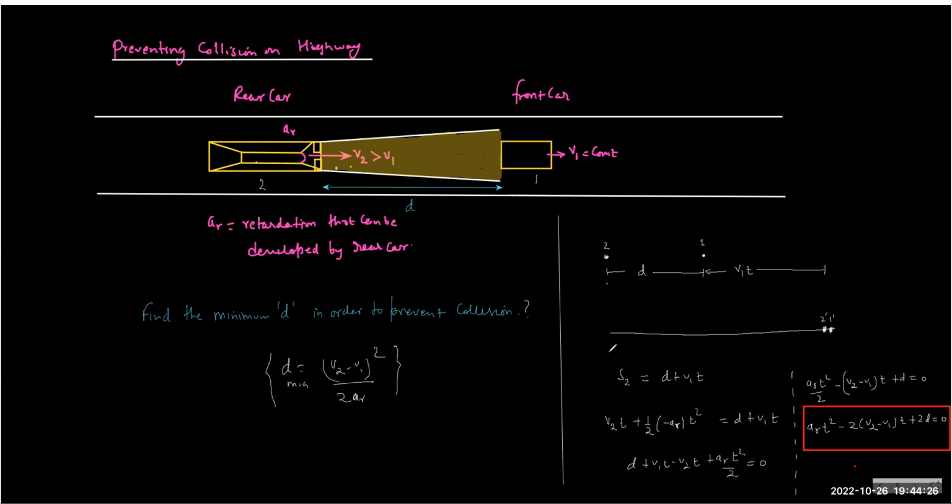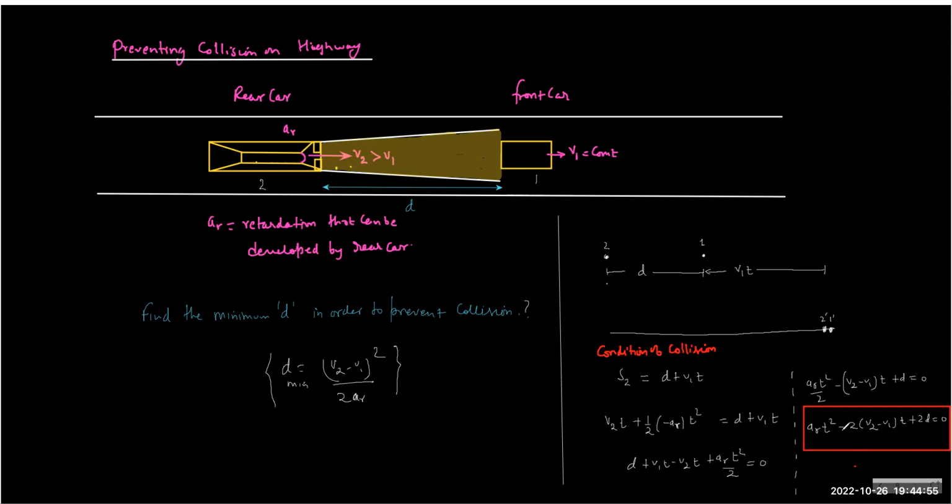So I write condition of collision, because I'm saying they are meeting, it means they are colliding. So the condition of collision is that the rear car must travel d plus v1t to collide with the front car. That's simple. And from the condition of collision, you got this equation.